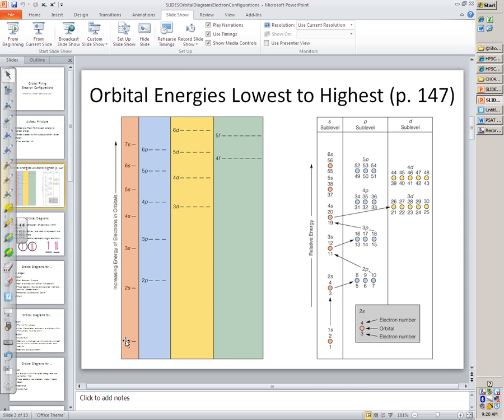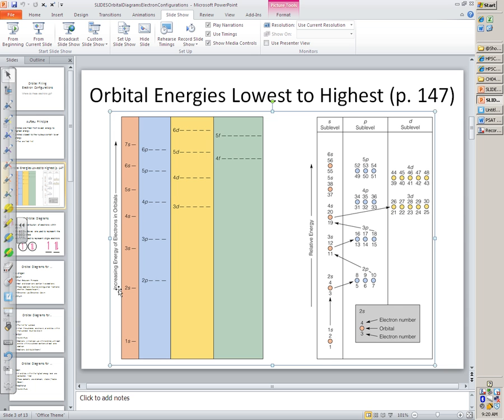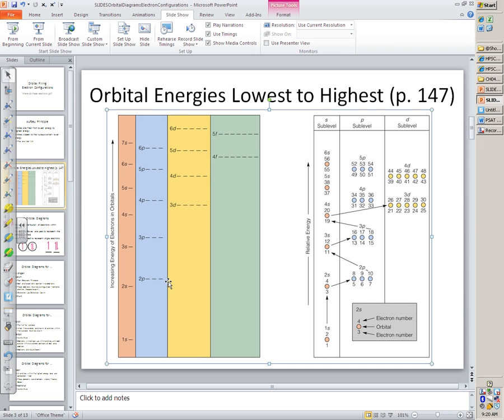Here's 1s, here's 2s, the next one up is 2p. That's the next lowest energy. That means that's the next one we're going to fill up, because electrons fill from low energy to high energy. Good there?